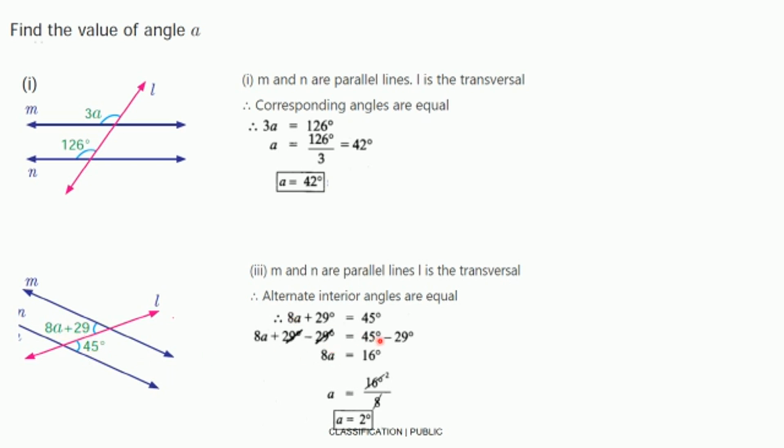Directly you do it: plus 29 goes to the right hand side, it will come minus. So 8A equal to 45 minus 29. 8A equal to 16, A equal to 16 by 8, A equal to 2 degree.